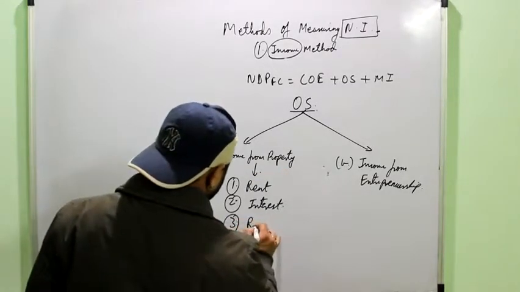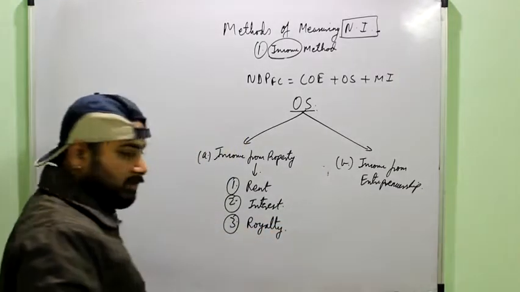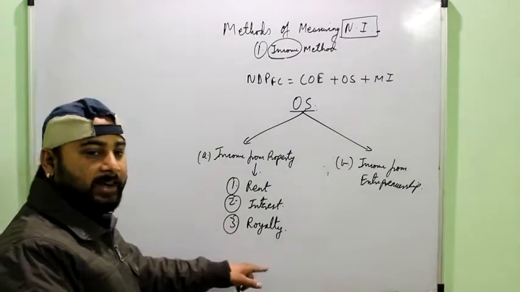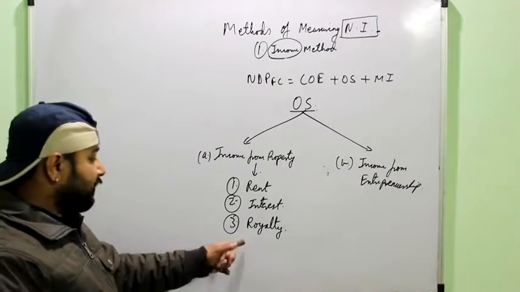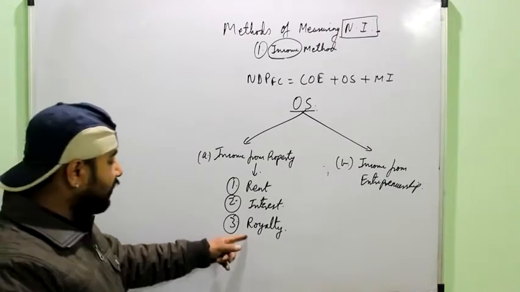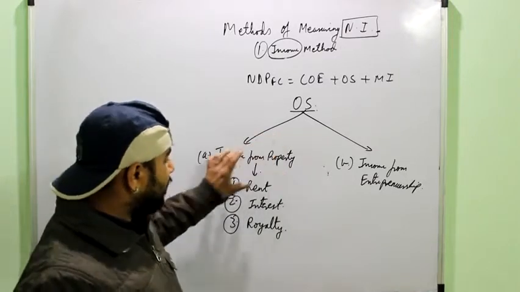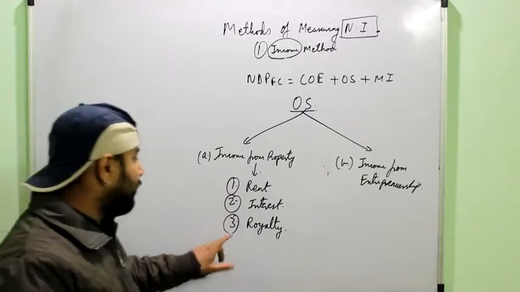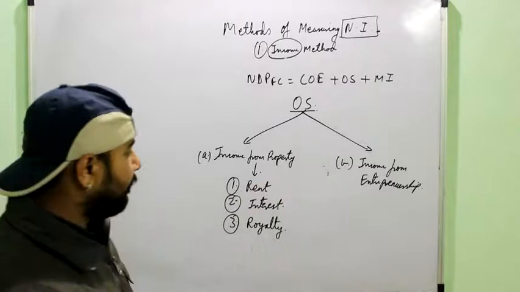Then third is royalty. Royalty is any income which you get on your creations. For example, a singer would get a royalty whenever the album containing his song is sold. Similarly, a book writer will get a royalty whenever a copy of the book is sold. So income from property is divided into three parts: rent, interest and royalty. If you add rent, interest and royalty, you will get the income from property.